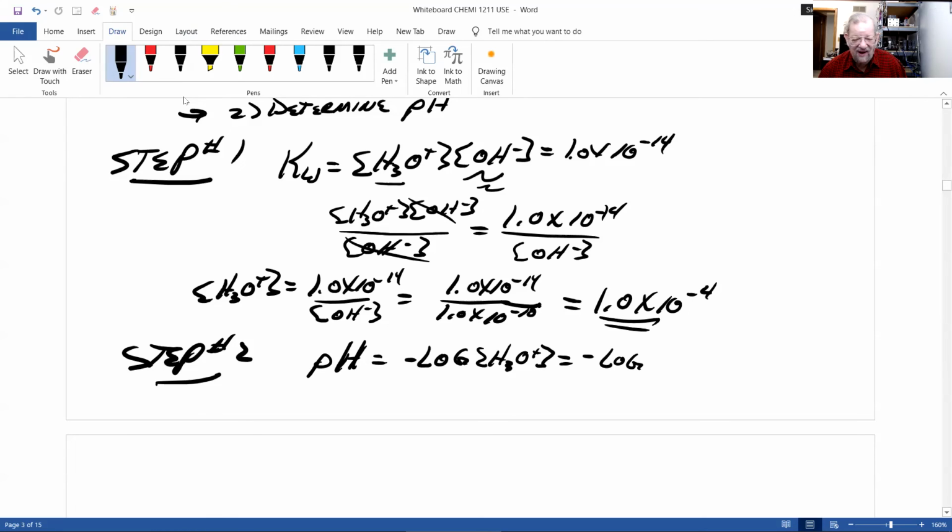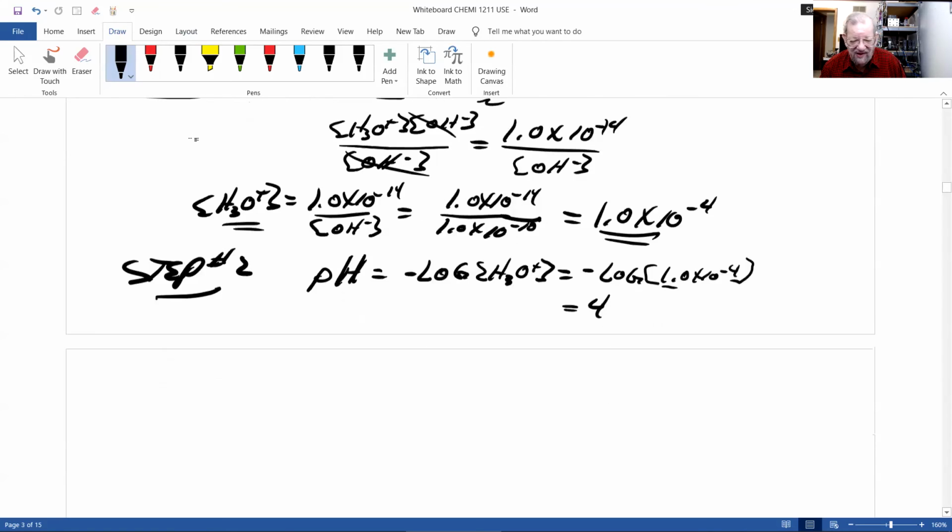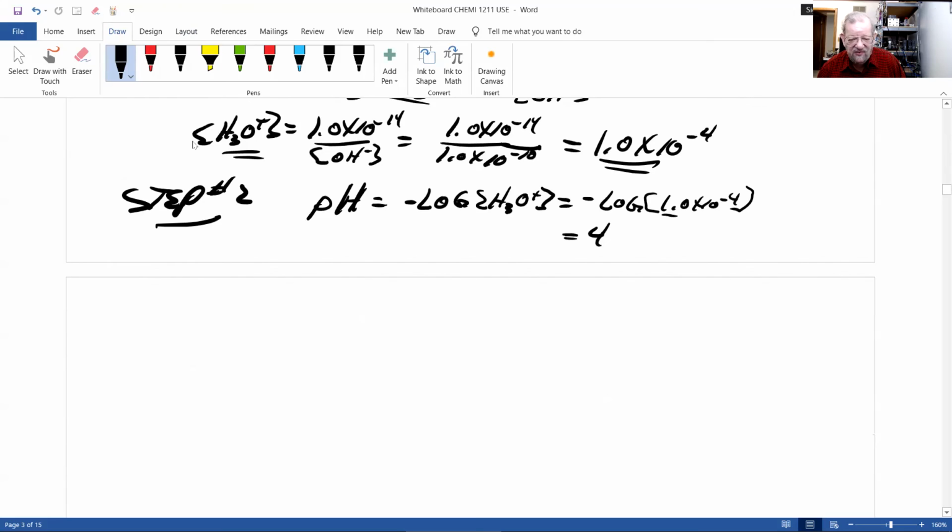And here we figured out what that is: 1.0 times 10 to the minus 4th. And now, remember when this is 1.0 times 10 to the minus x, this whole thing is equal to x, in that case 4. So the pH of the solution is 4.